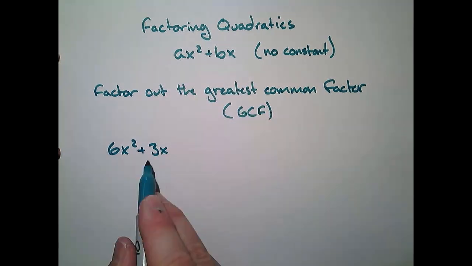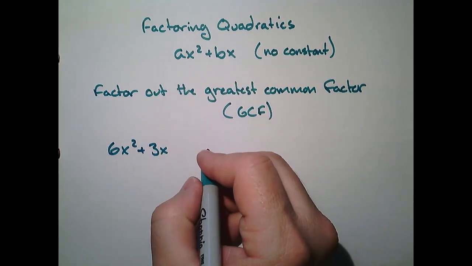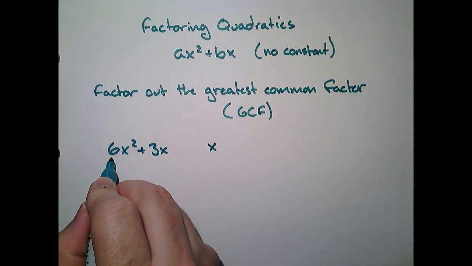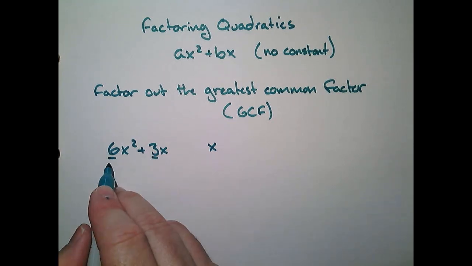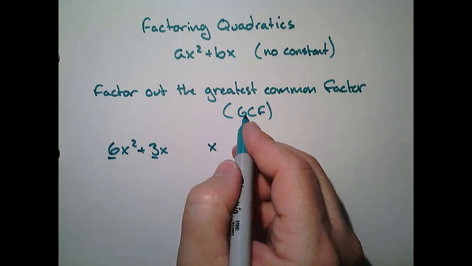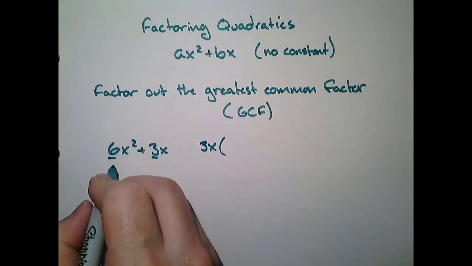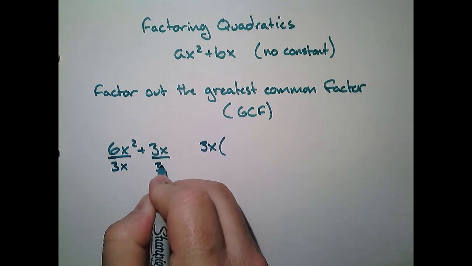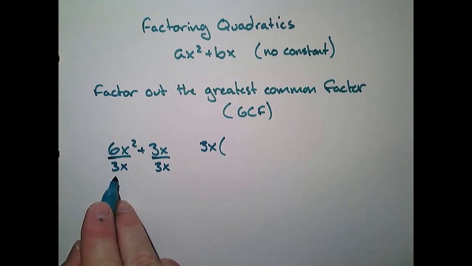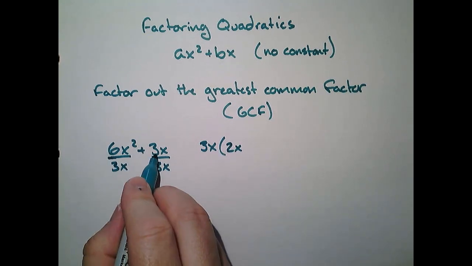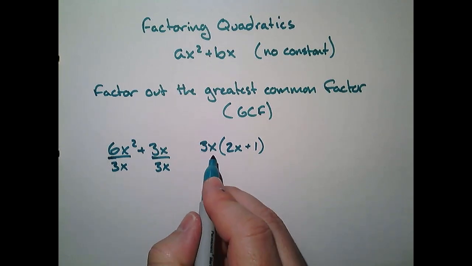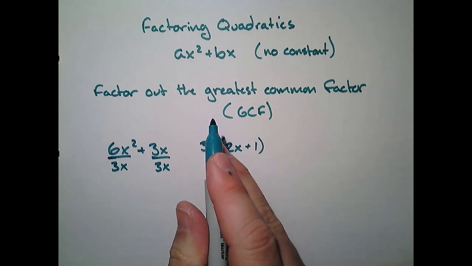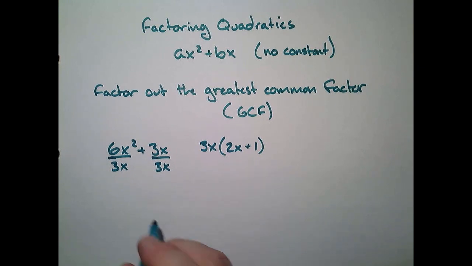Now, greatest common factor, we have an x and an x squared, so we can factor out an x. And then we can factor out the greatest common factor of 6 and 3, which is going to be 3. And then I'm going to divide both of those by 3x, and I get 6x squared divided by 3x, 2x. 3x divided by 3x, plus 1. And there we go. We have two linear factors of our quadratic, and we're good to go.